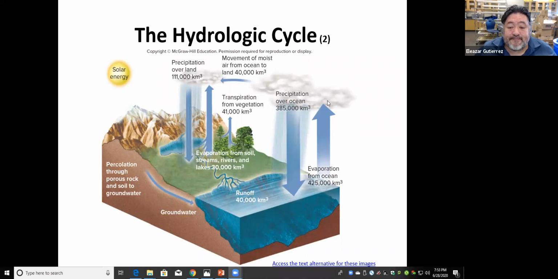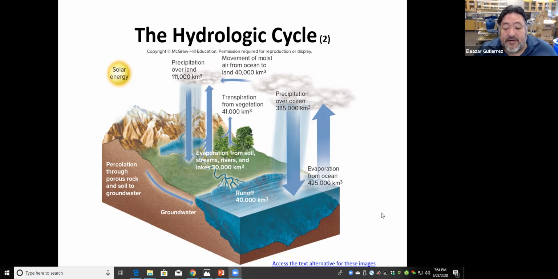So there you have it. Look at this little detail right here. So we have approximately 425,000 cubic kilometers. I want you to grasp what this is telling you. What is a cubic kilometer? A cubic kilometer is the volume of a box 1 kilometer long, 1 kilometer wide, and 1 kilometer high. That's 1 cubic kilometer. So how much water is coming from the ocean? 425,000 cubic kilometers.